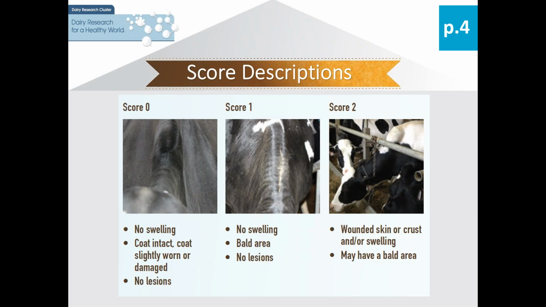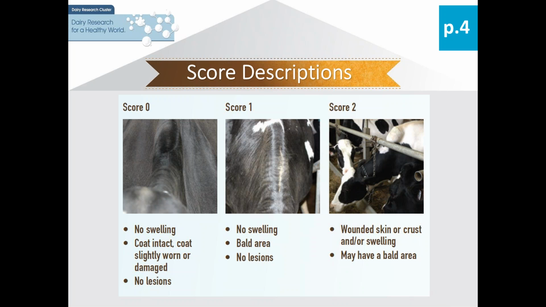Score 1, maybe a little bit of abrasion, hair loss, but again, no swelling, no lesions, so not a big concern. But where we have concern is these score 2 cows, where it's a little bit difficult to see in the picture, but where you actually see some swelling occurring.